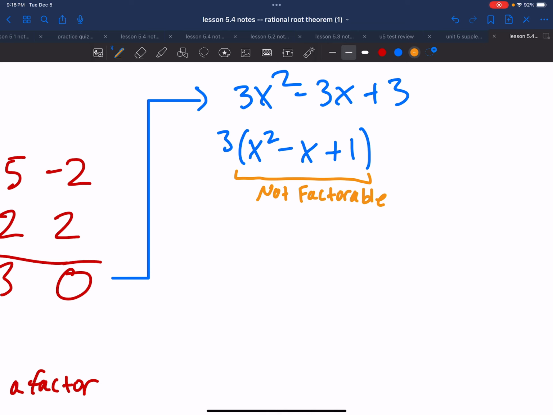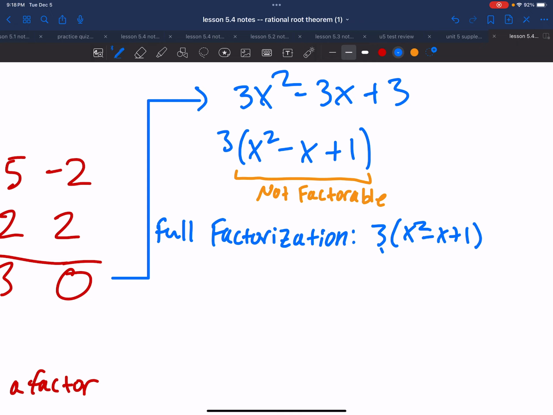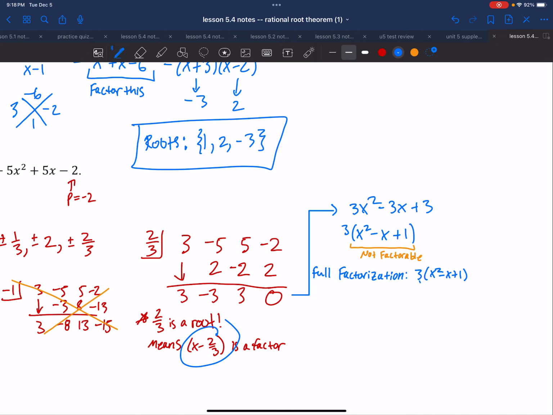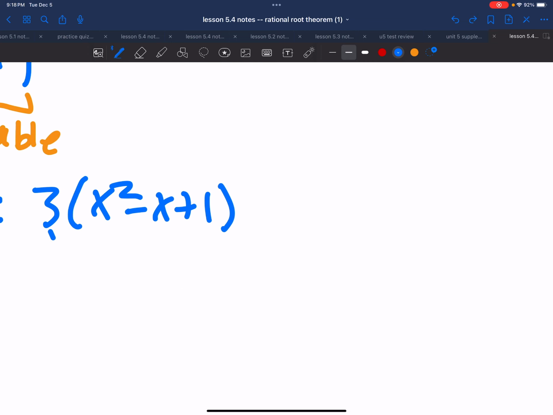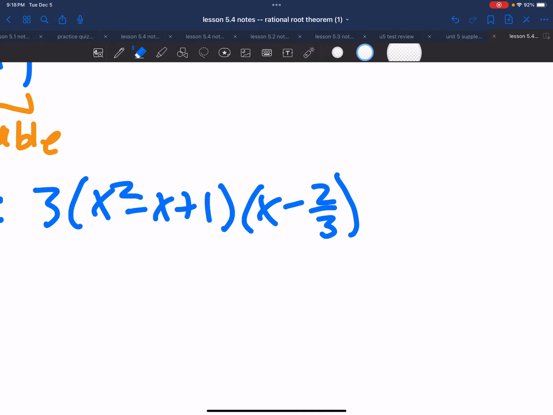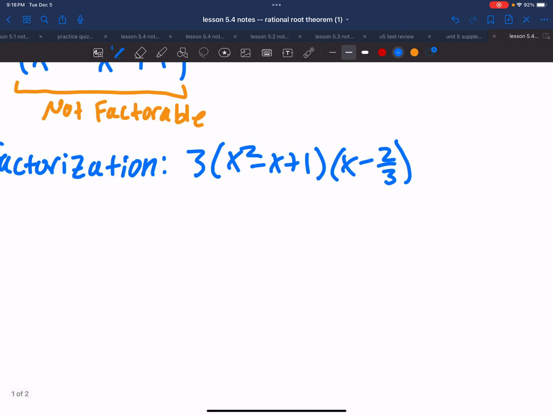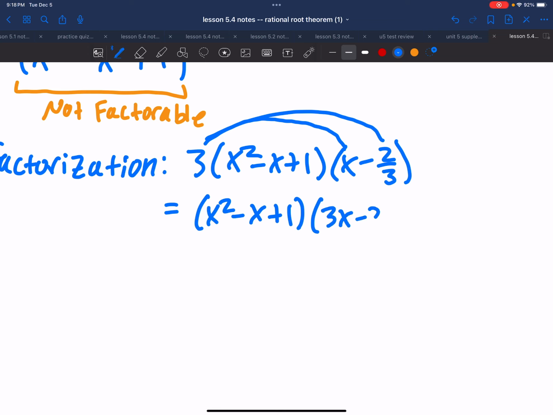Just as a sort of quick note, the full factorization is, well, it's 3 times x squared minus x plus 1, and then this thing, x minus 2/3. So I say x minus 2/3. And I point this out just because we would normally write, right, we would distribute the 3 into this, and you'd write x squared minus x plus 1 times 3x minus 2, right?